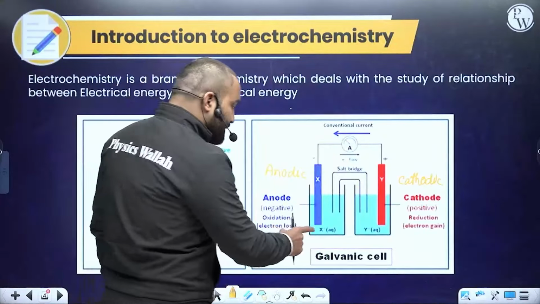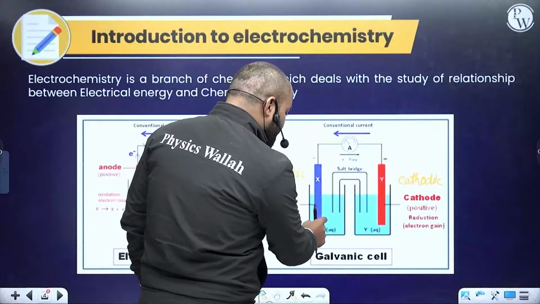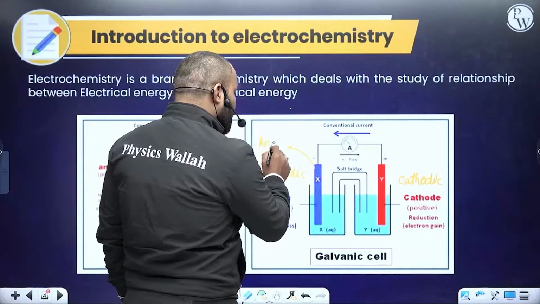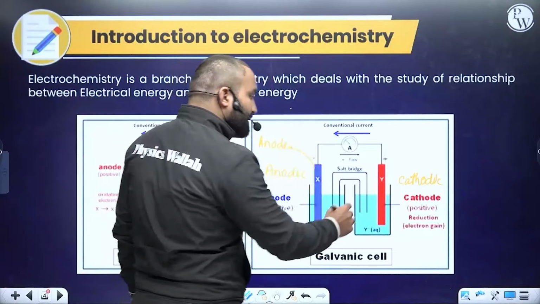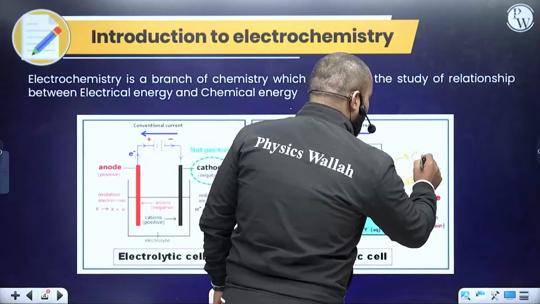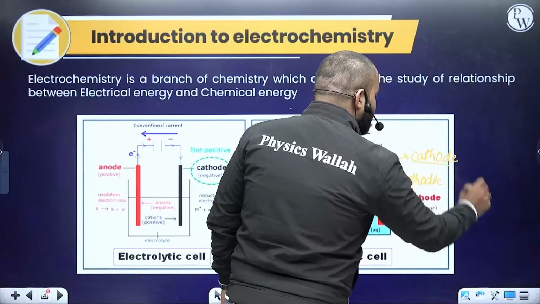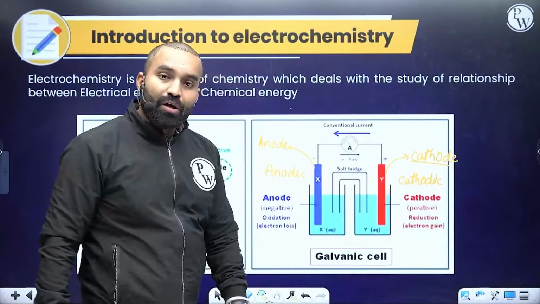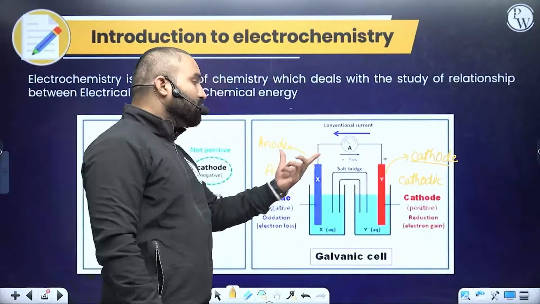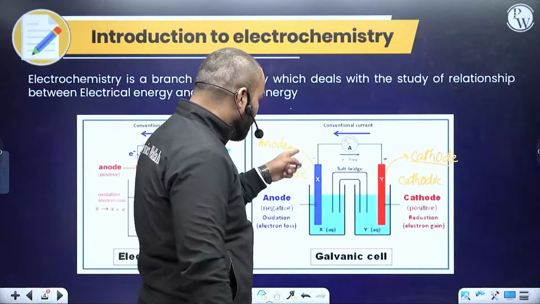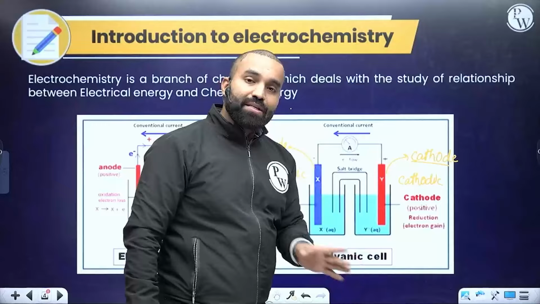So this compartment has one electrode known as the anode. This electrode is the cathode. Right now we are not discussing the material inside the cathode and anode. Just know that there are two kinds of conducting material present here. One makes the anode, the other makes the cathode.